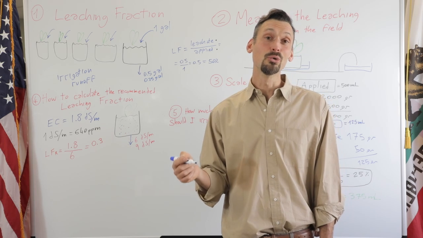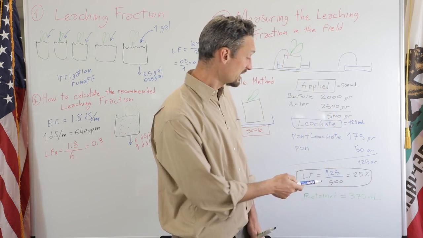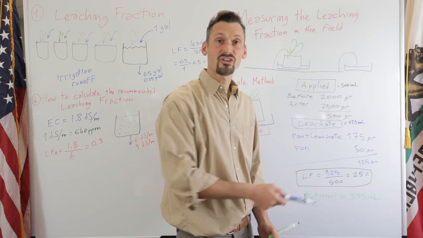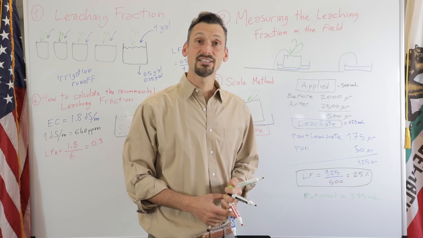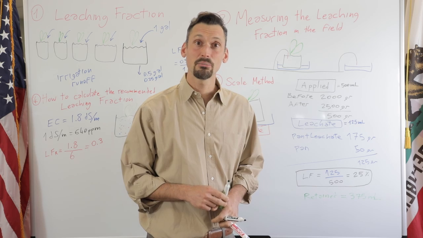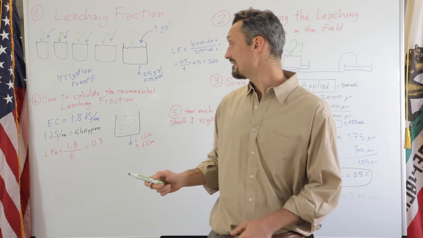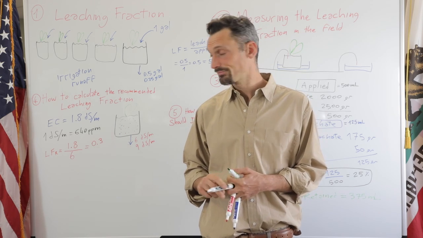But since your irrigation water has salts, you will have to increase these 375 milliliters that your substrate can hold by a certain quantity that depends on the leaching fraction that you want to apply.